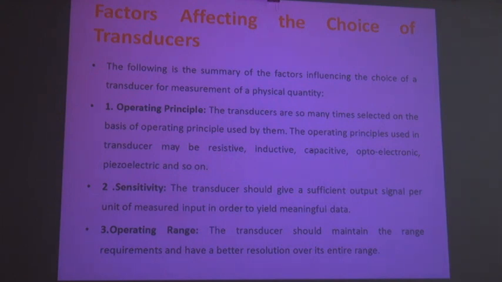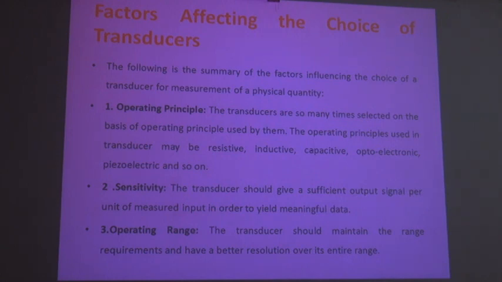Then operating range. The operating range of the transducer should be maintained over the entire range for better resolution. The maximum limit and minimum limit of the operating range should be given. The minimum range is useful to avoid noise, and the maximum range to avoid errors.